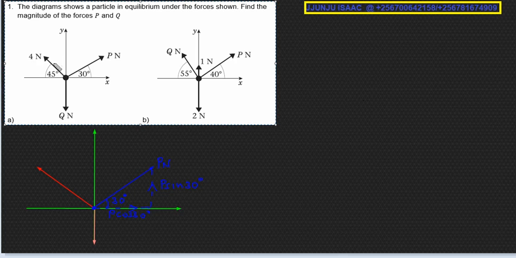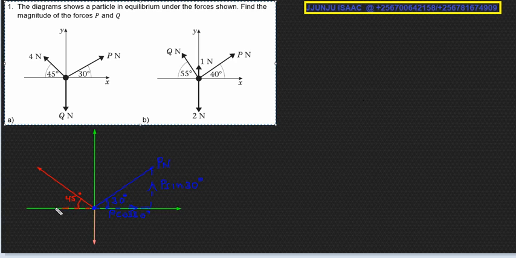So now we are going to see also this force here of the 4 Newton. For the 4 Newton force, its angle to the horizontal is 45 degrees. So we are also going to resolve it into horizontal and vertical. Now I want you to know that whenever we are moving to the left, we shall take that to be negative.